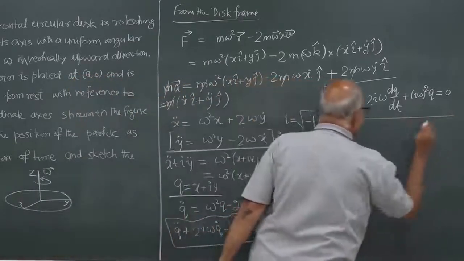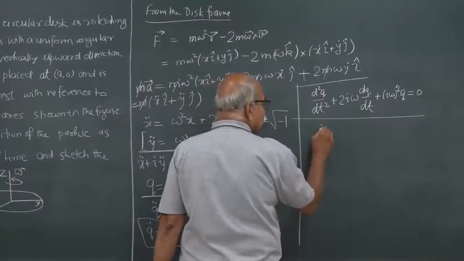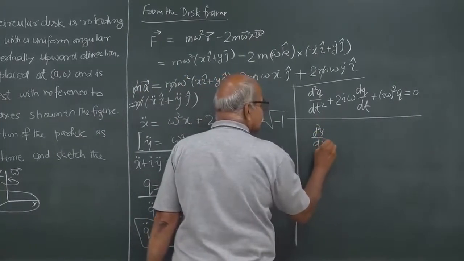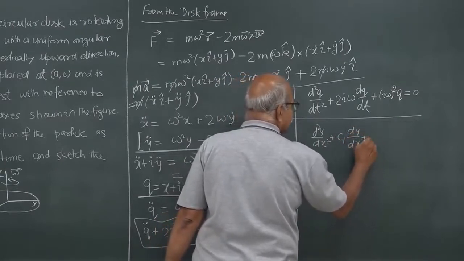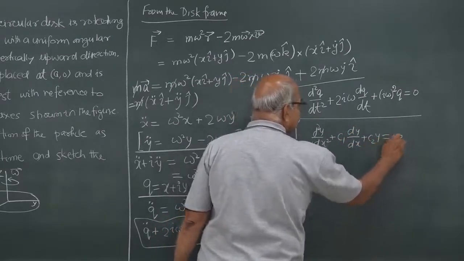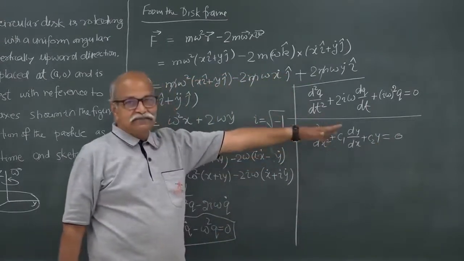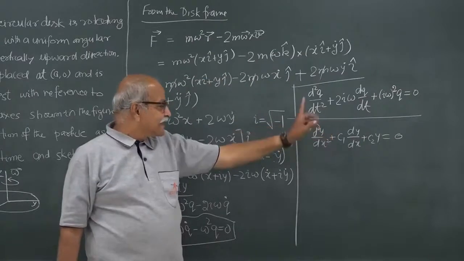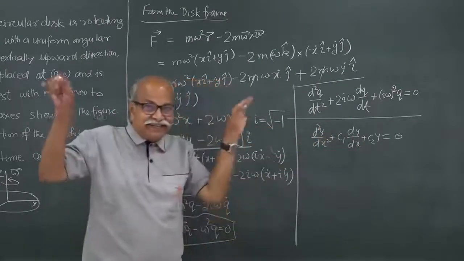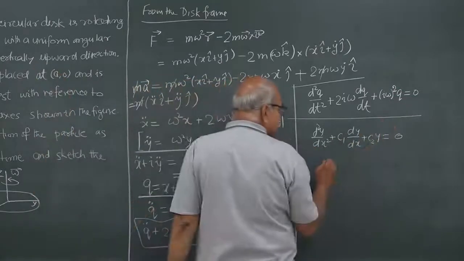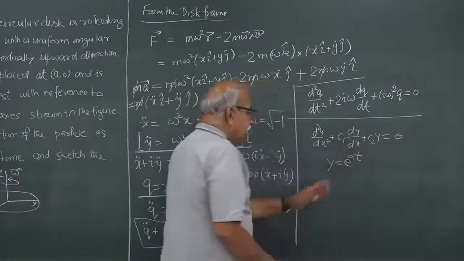Though in textbooks of differential equations, you will find d2y dx square plus c1 times dy dx plus c2 times y equal to 0. This is the standard statement of a second order differential equation with constant coefficients. That is the heading. And the rule is that you write y as e to the power alpha t and put it here.